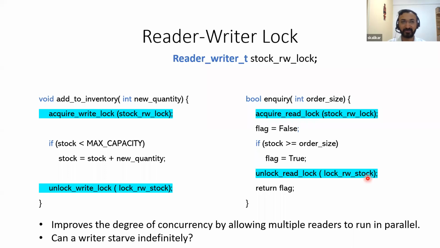Because the protocol says that all readers are reading, no writer can write. So the writer will have to wait till all the 10 readers finish. So the count goes 10, 9, 8, 7, 6, 5. And at 5, 5 more readers appeared. Then again the counter became 10. So there could be an infinite waiting time for a writer. That means there could be starvation for the writer.